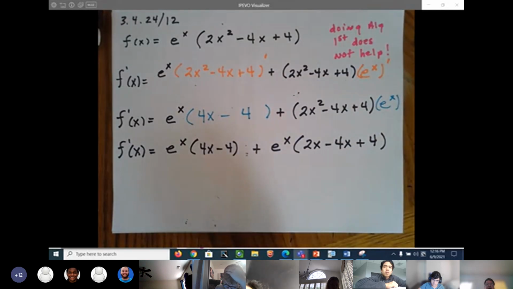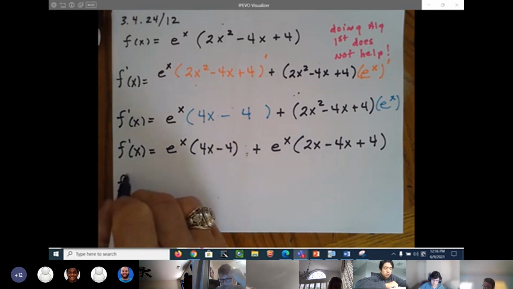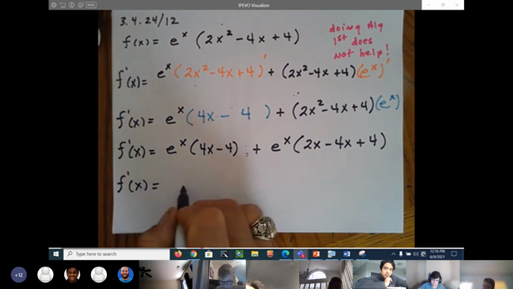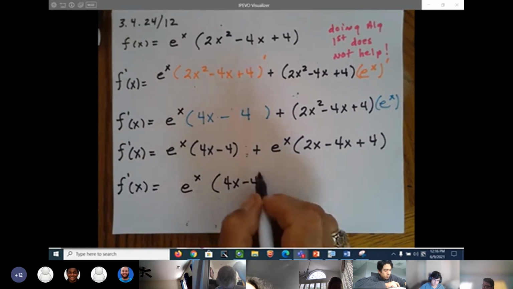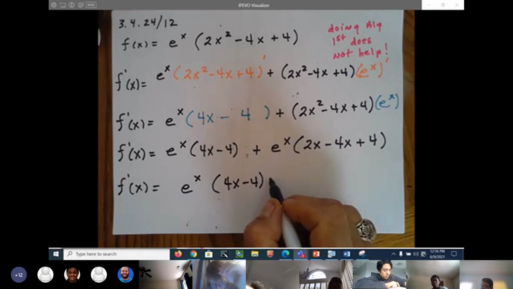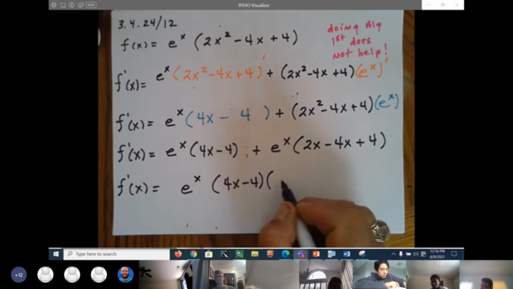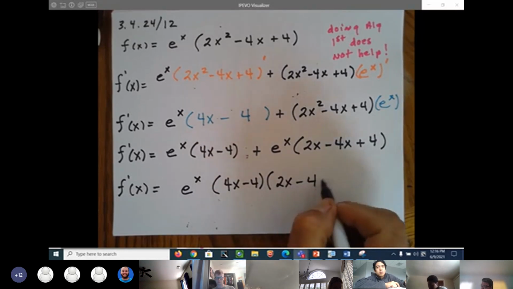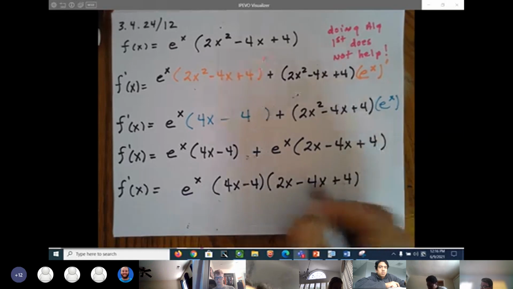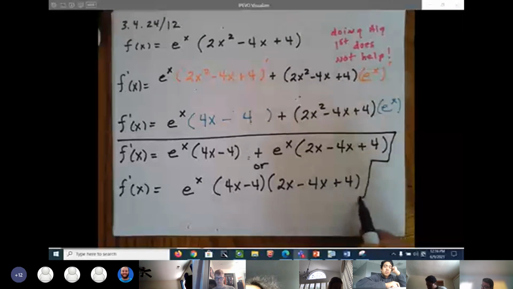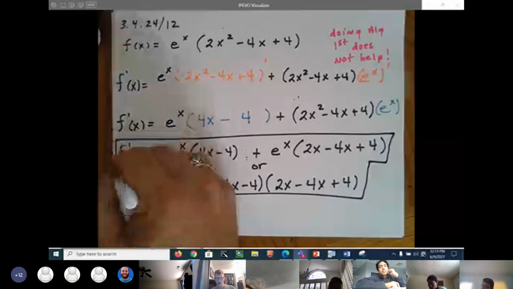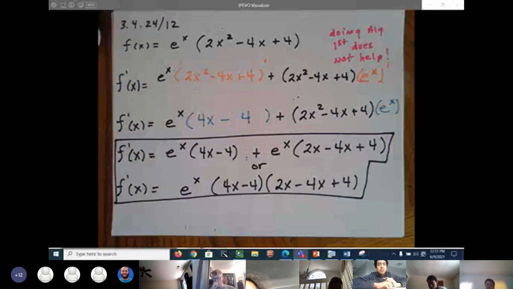Now you could factor out e to the x and get e to the x times the quantity 4x minus 4 plus 2x squared minus 4x plus 4. And one of those two are your answers.